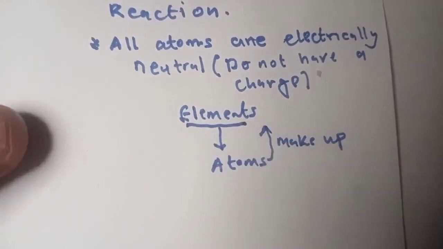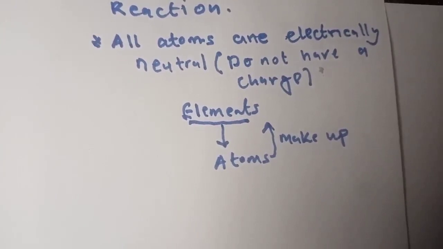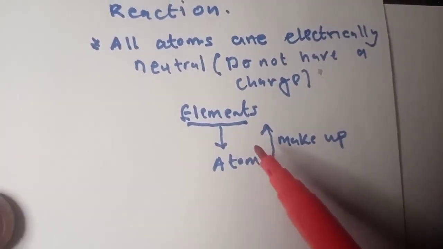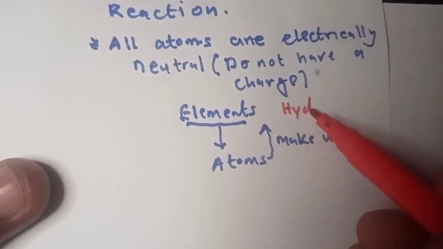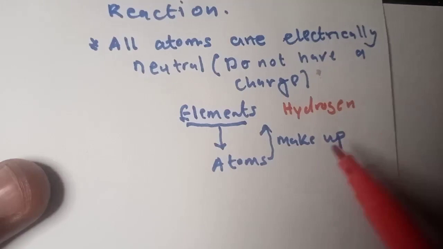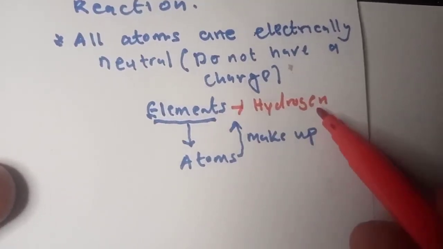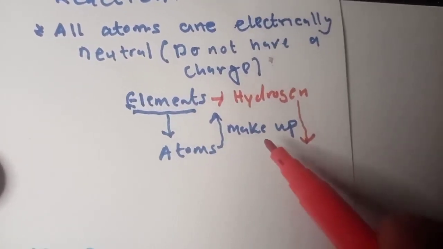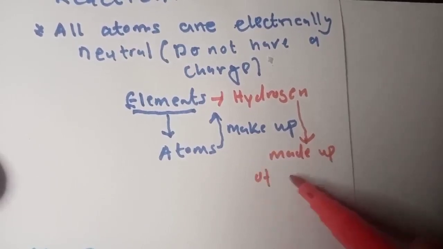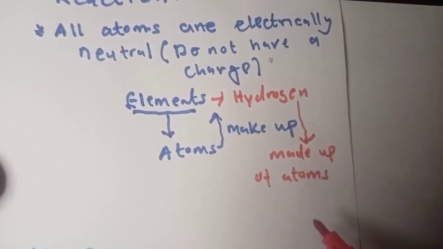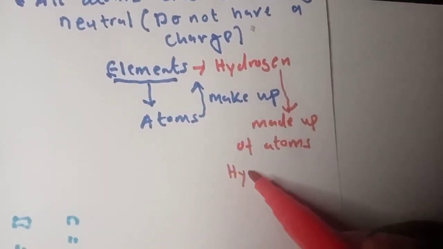Let's give an example of an element. If I ask you to give three examples of elements, just go on the periodic table and mention anything that's there. For example, hydrogen is an element. This hydrogen element is made up of atoms, and the atoms in hydrogen are known as hydrogen atoms.